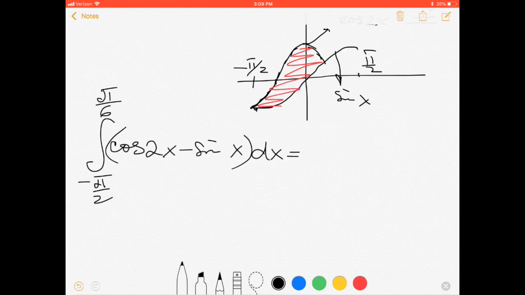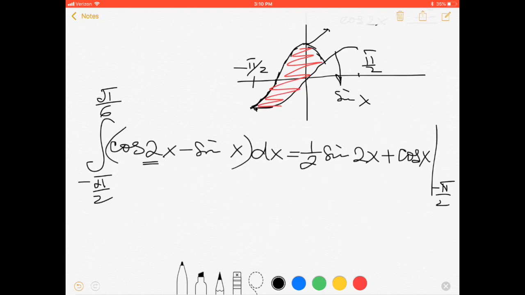dx. The integral of cosine is sine, but because we have a coefficient inside, it will be 1/2 sine 2x. The integral of negative sine will be cosine. This means plus cosine x, and here I need to plug in negative pi over 2 and pi over 6.